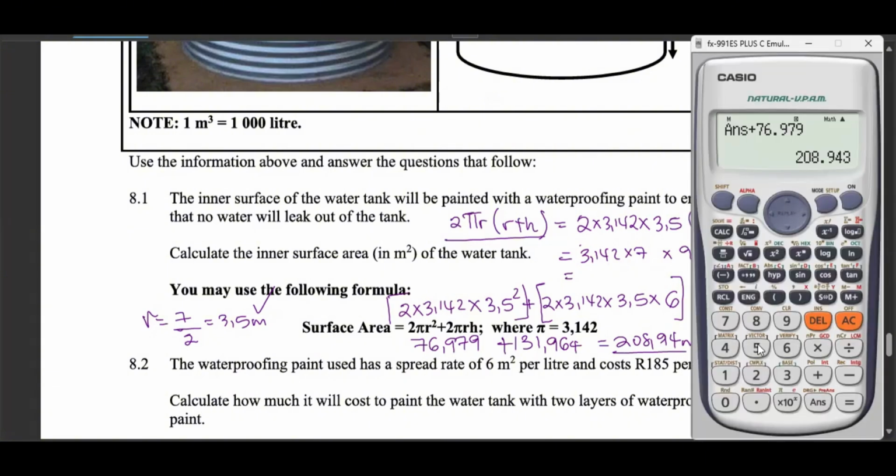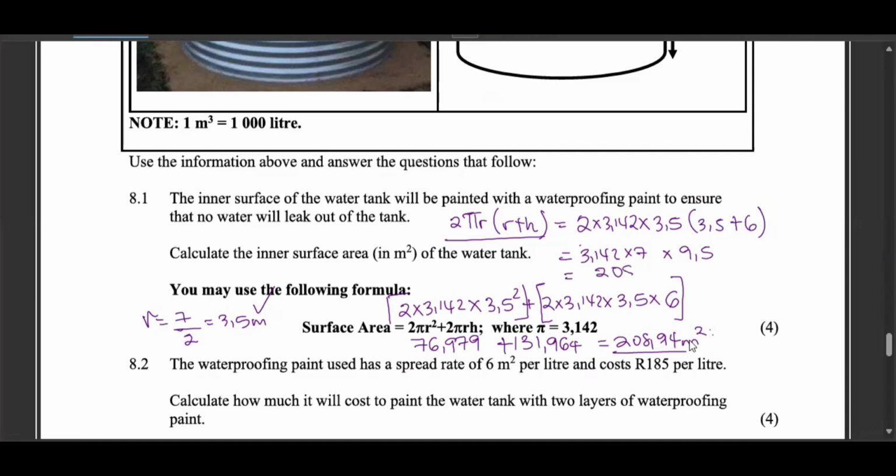You just put it in the calculator and you still get the same answer. You've simplified. Don't forget the units. We are fighting for marks.